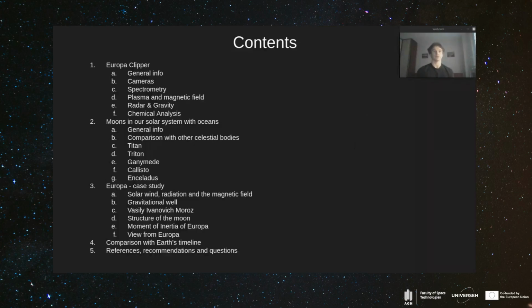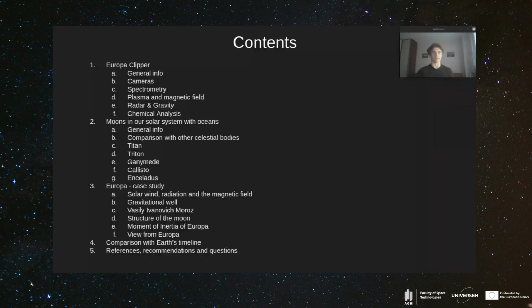First, we'll be discussing Europa Clipper spacecraft as well as the mission. I will be telling you about the general info. We'll be focusing specifically on the instruments. So the engines, solar arrays, and coating won't be discussed that deeply.